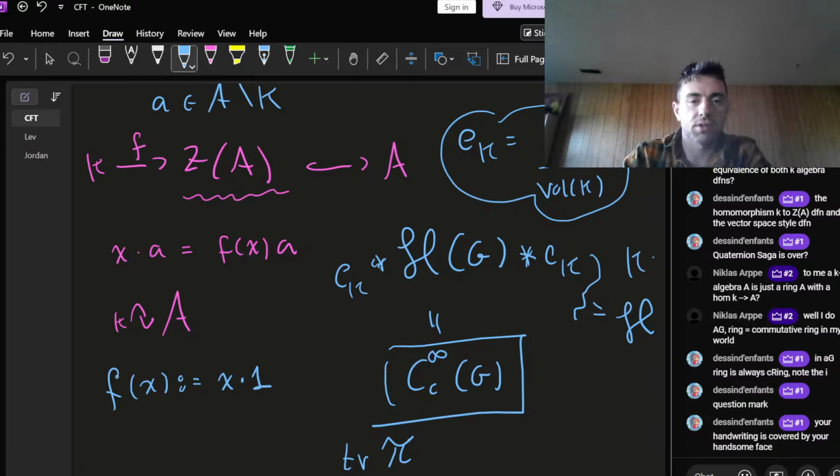Of course, in the finite groups case, this is a sum instead of an integral. But yeah, it's kind of all the same convolution. Technically, polynomial multiplication is convolution as well. BTW.